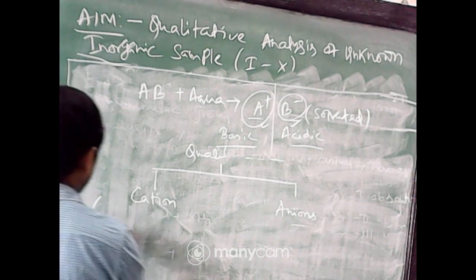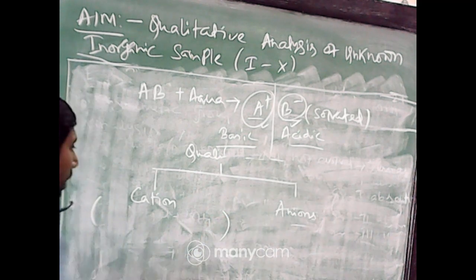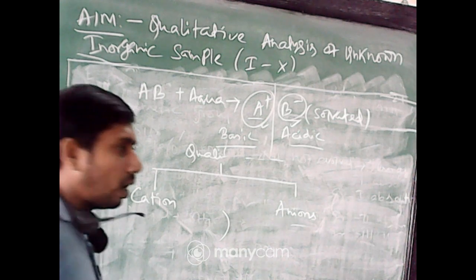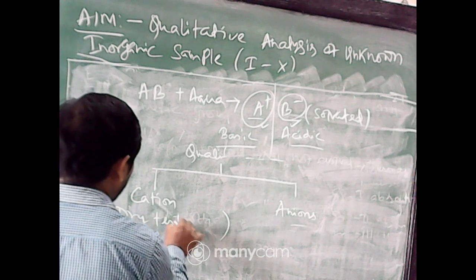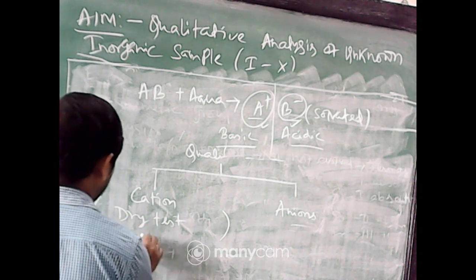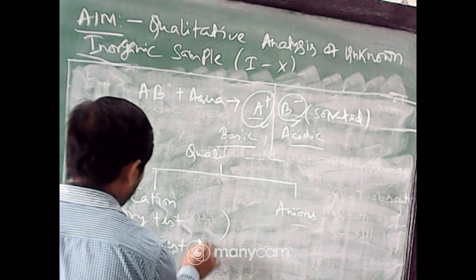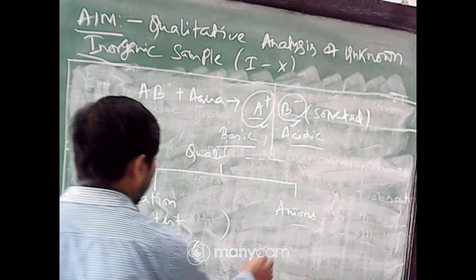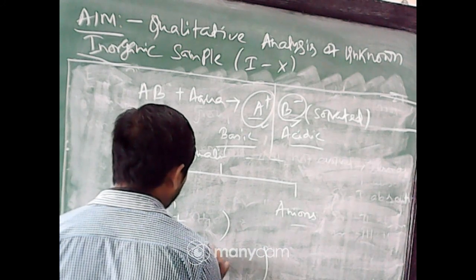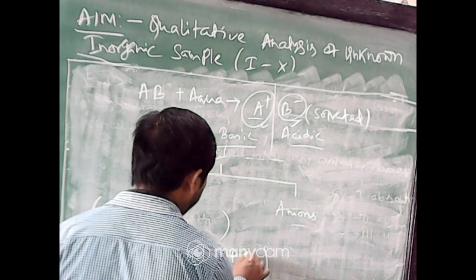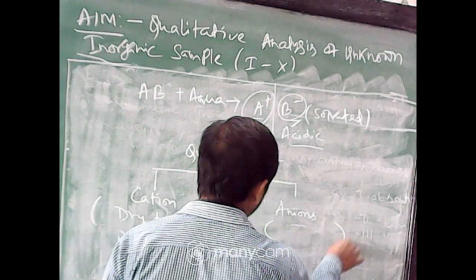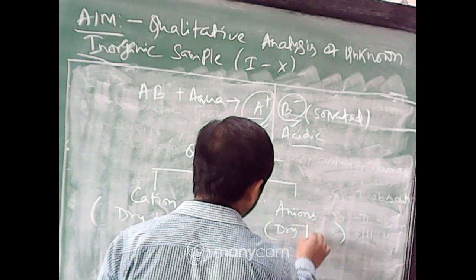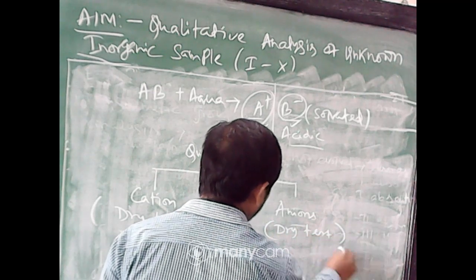Cations can be tested by two types of experiment: one is the dry test, and next is the wet test. Another name for the wet test for cations is group separation. Anions can also be tested by dry test and wet test.